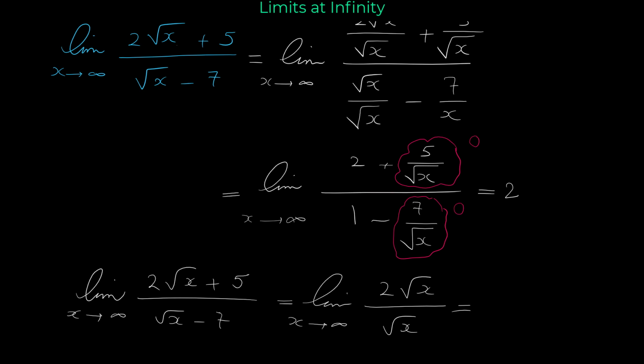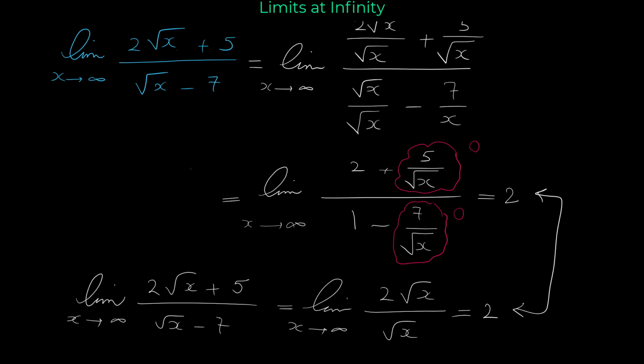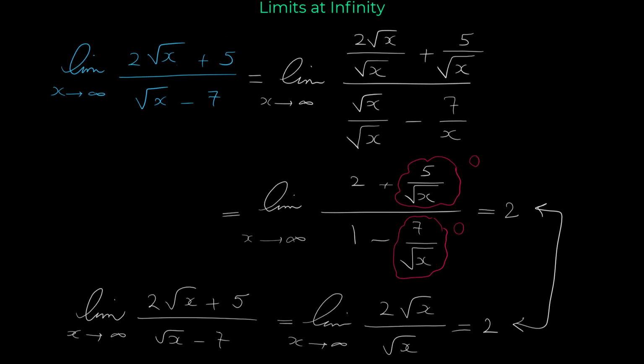Now 2 radical x over radical x is 2. As you can see, the answers are the same. But of course this way is shorter. But if you have to show your work for such questions, you have to use the first method. But if you look only for the answers, of course the shortcut method is easier.